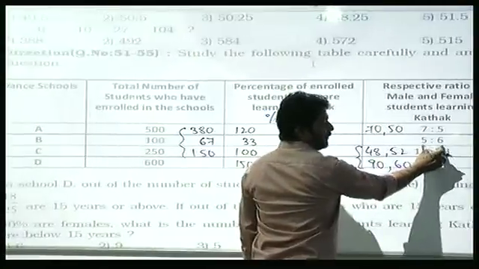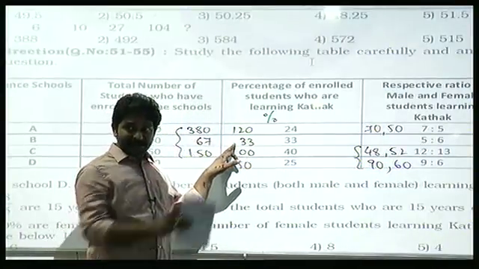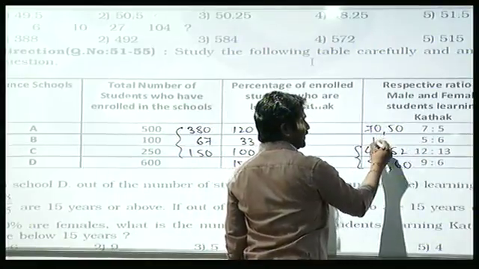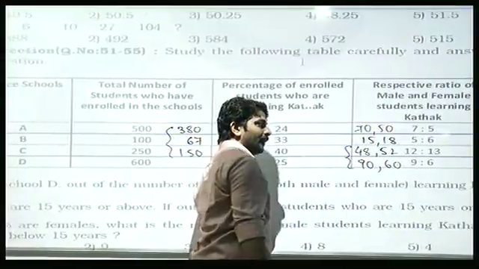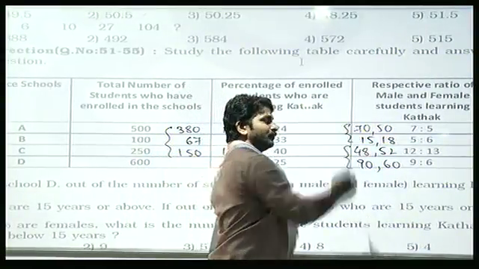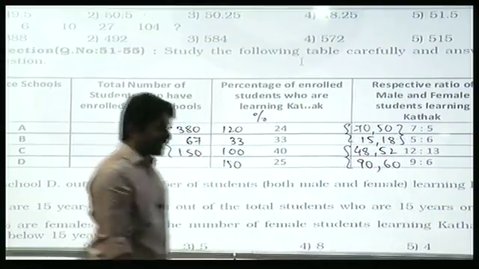Now how many parts we have? 11 parts. 33 is divided into 11 parts, each part is 3. 5 3s 15, 6 3s 18. Now you asked about male to female ratio. Total male from these two, 85. Total female, 68.